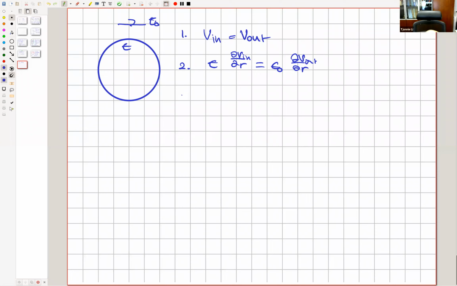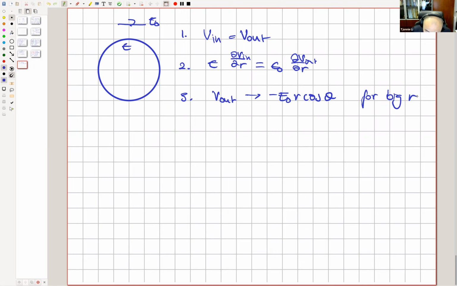And the third one, of course, is that V out tends towards minus E0 r cosine theta for big r, so far away. We have these 3 boundary conditions, and the system can then be relatively easily solved, because we now need to look at the most general solution for this system.